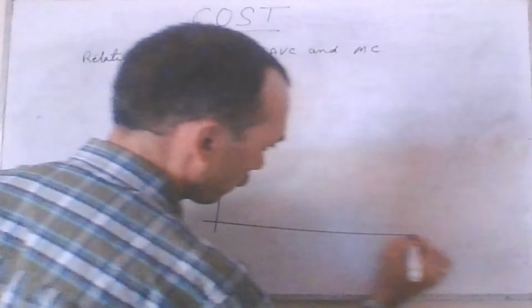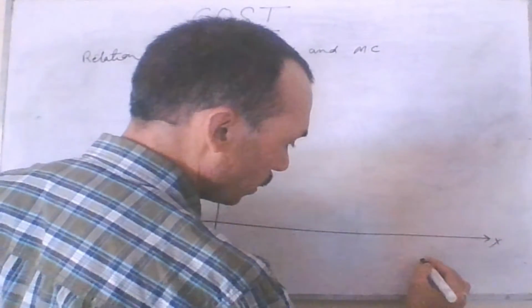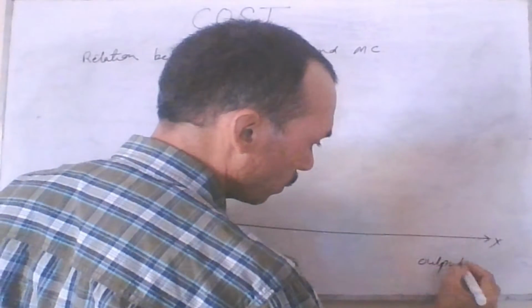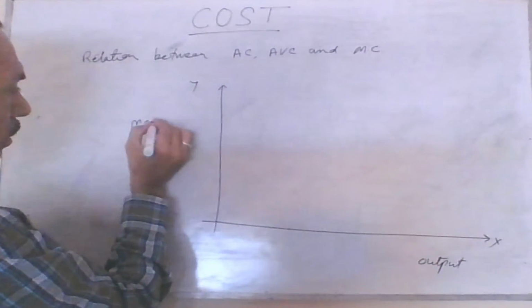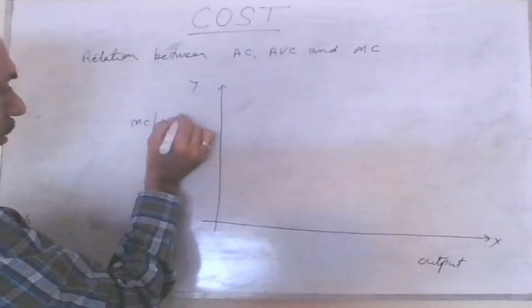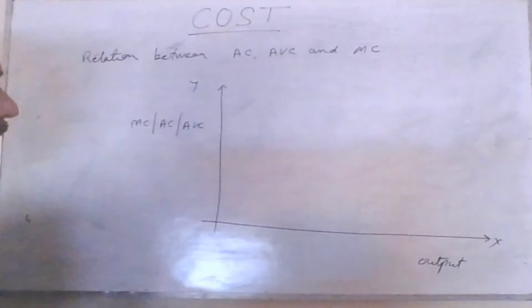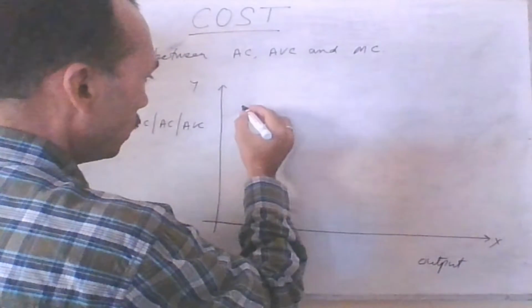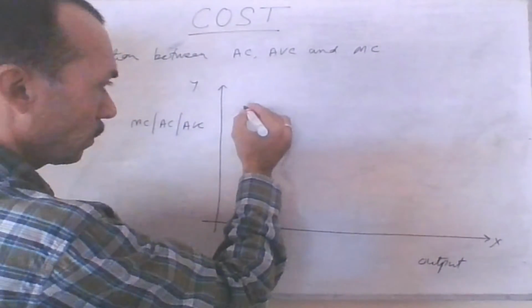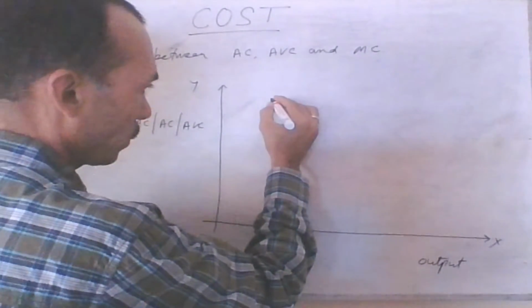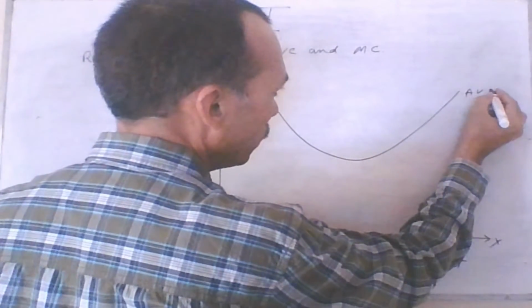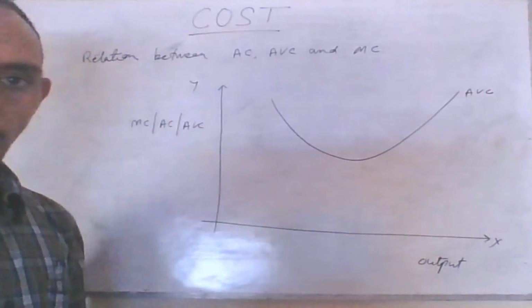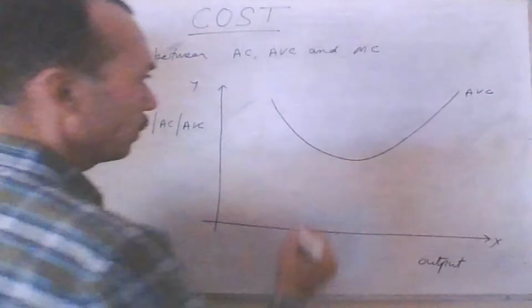See, on the x-axis is output, and on the y-axis we take the MC, AC, and AVC. Now, AVC is a U-shaped curve. Average variable cost is a U-shaped curve. Average cost is also a U-shaped curve.